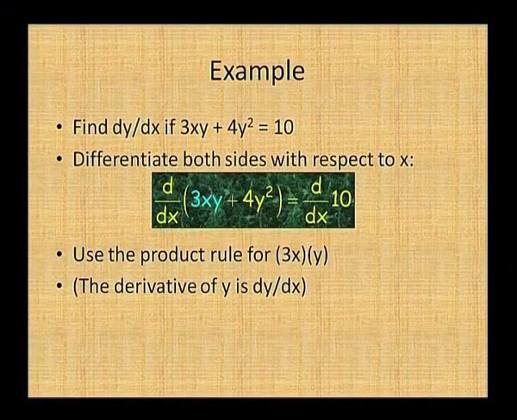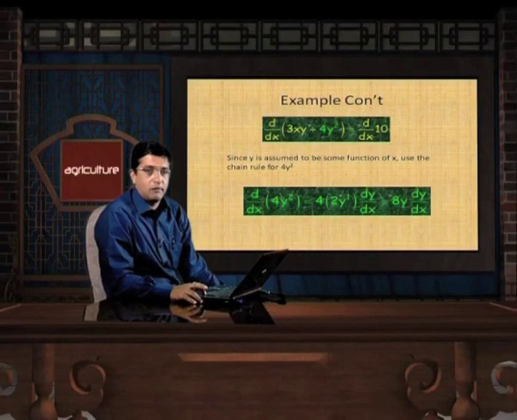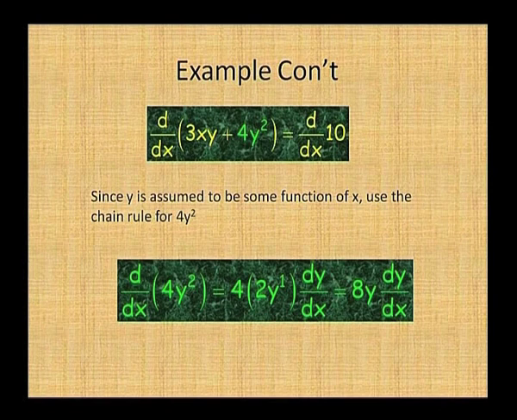In the 3xy function we use the product rule, the uv rule: for 3x into y, it is 3x dy by dx plus y into 3, so the output is 3x dy by dx plus 3y. Now we differentiate 4y square: d by dx of 4y square, we use the power rule, 4 times 2y, the power decreases from 2 to 1, giving 8y dy by dx.